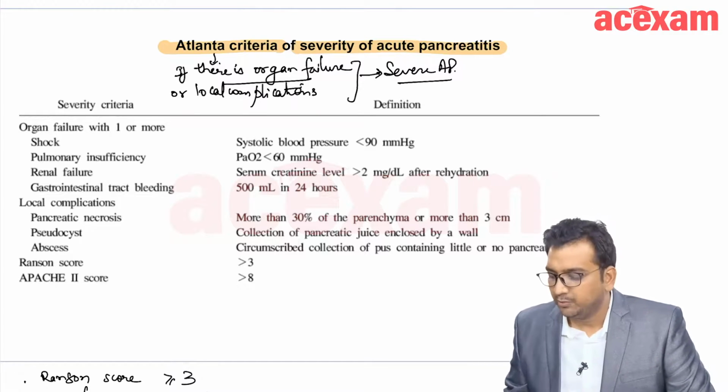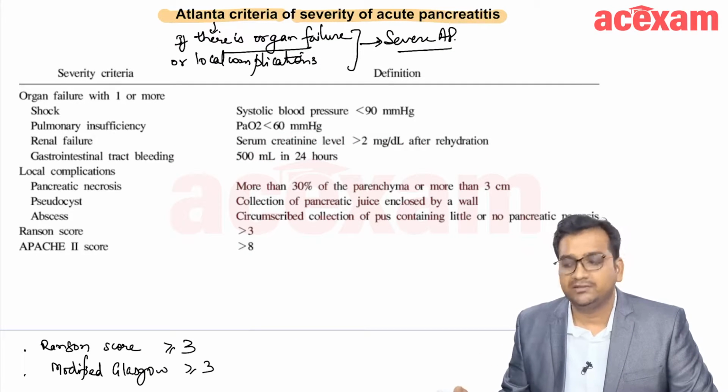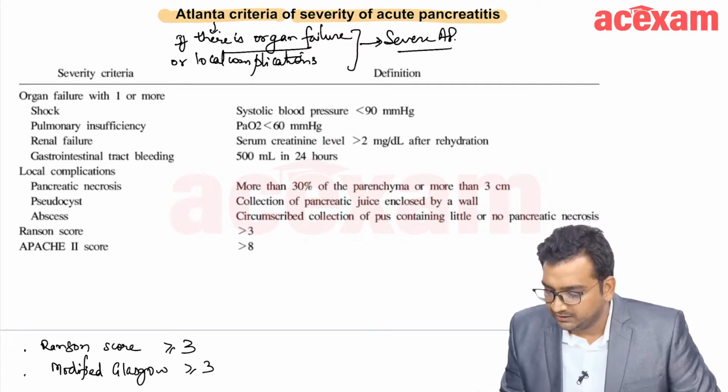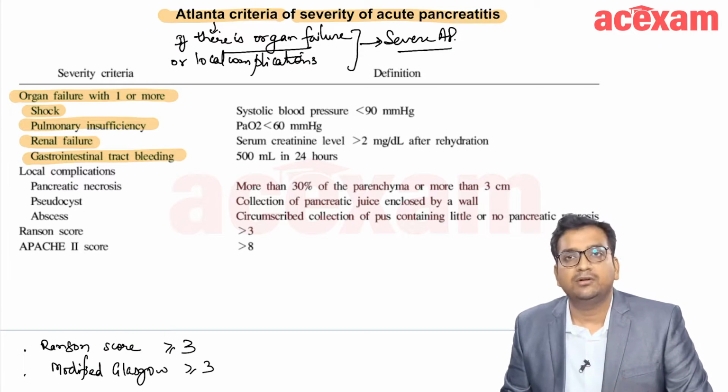Now, what are the criteria for organ failure and local complications based on the Atlanta criteria? Organ failure with one or more: shock, respiratory insufficiency, kidney problem, or GI bleeding, or any other organ system involved.